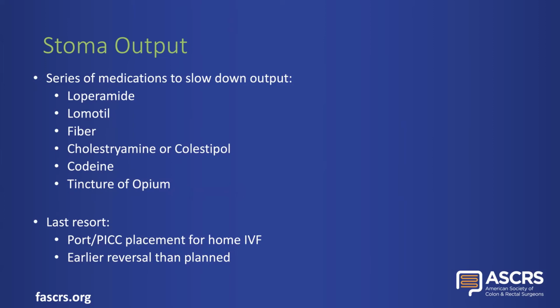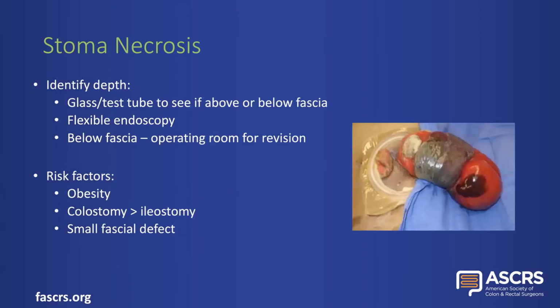Your institution probably has a very well-defined stepwise fashion of medications to start adding to decrease the stoma output, and those are all listed there. The last resort would be to place a PICC or a long-term IV catheter for IV fluids at night, or if it's possible to do an earlier reversal than you had previously planned.